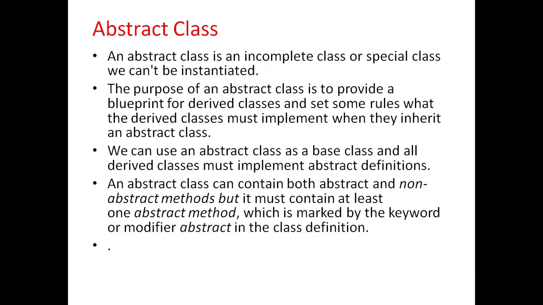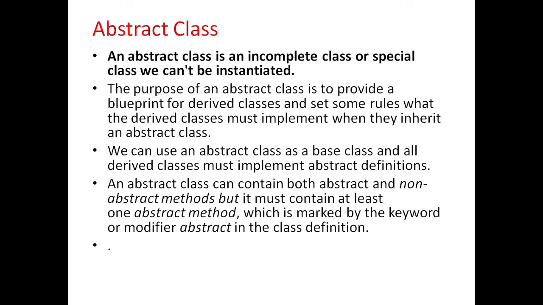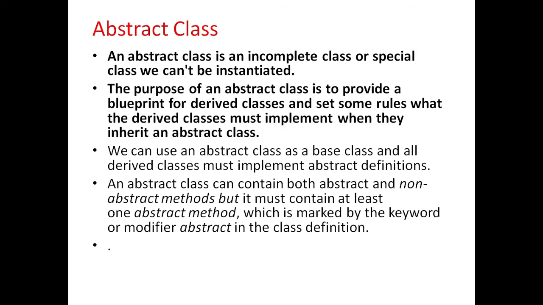Now we will see abstract class. An abstract class is an incomplete class or special class that we can't instantiate. The purpose of an abstract class is to provide a blueprint for derived classes and set some rules about what the derived classes must implement when they inherit an abstract class.